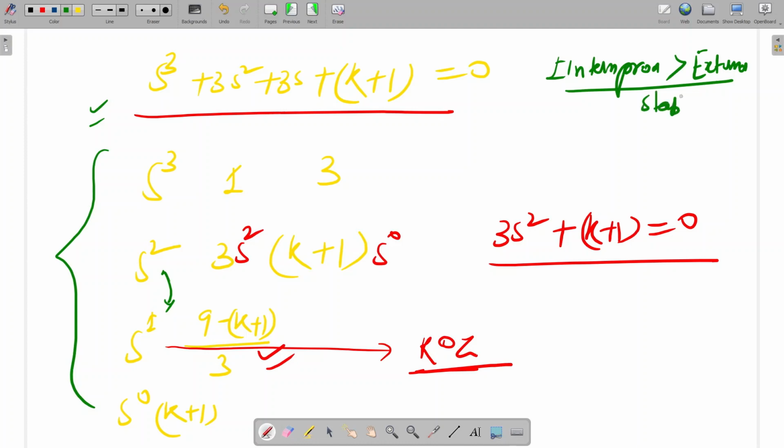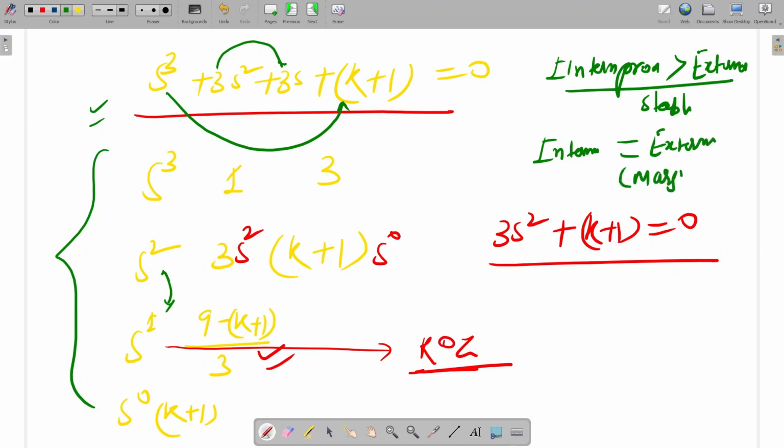Internal is this one and external is this one. If equal, then marginal stable. If less than external, then unstable.